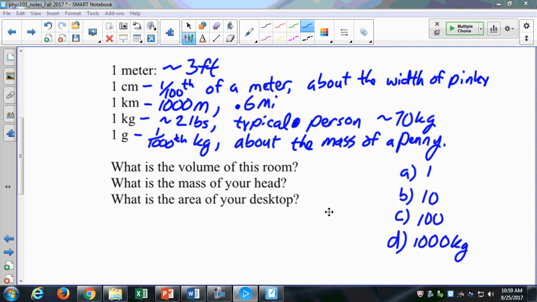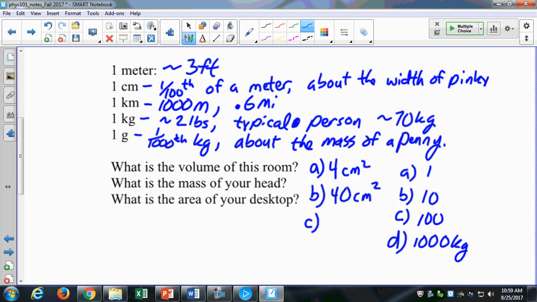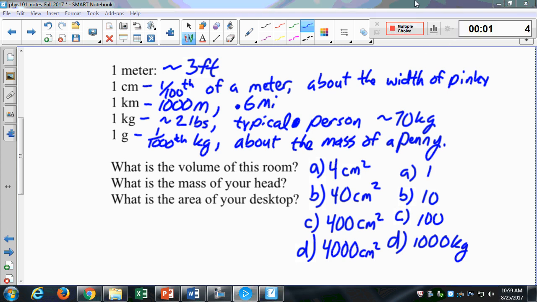What's the area of your desktop? Let's see, what is that desktop? Is it A, 4 square centimeters, B, 40 square centimeters, C, 400, or D, 4,000? What is the area of your desktop? 4, 40, 400, or 4,000? Do an estimate.